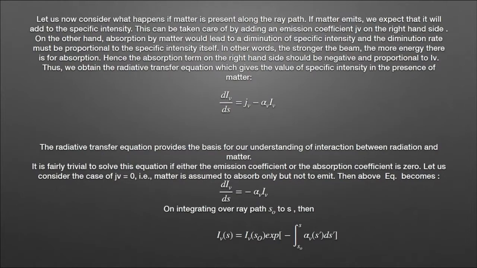These solutions will provide answers to questions such as why radiation emitted from a nebula is usually in spectral lines, or why we see absorption lines in stellar spectra. Next slide.